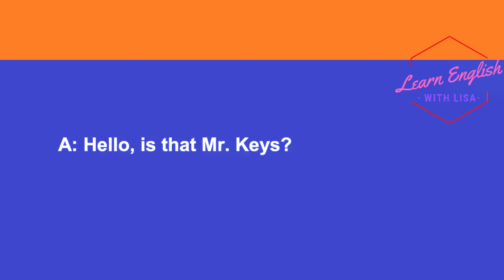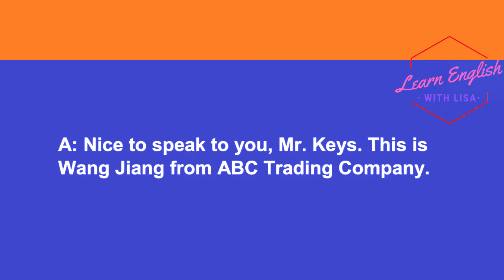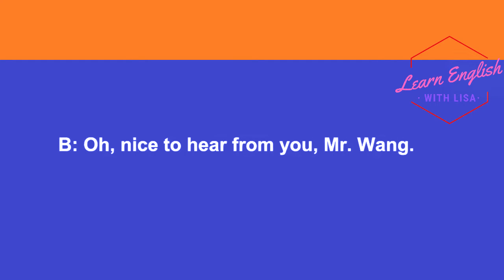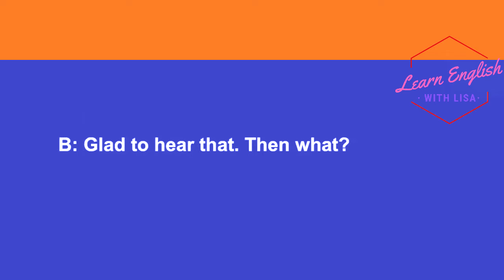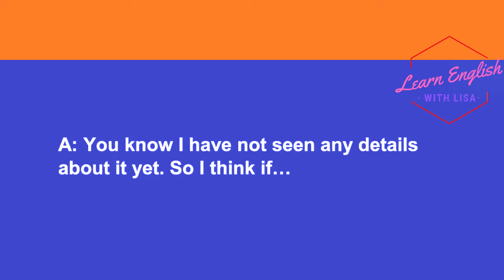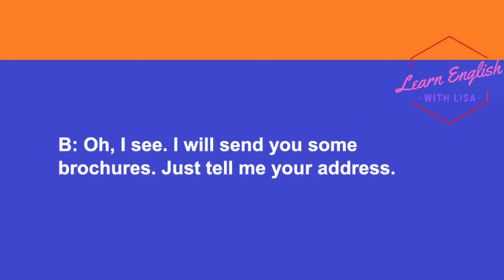Dialog 1. Hello, is that Mr. Keys? Yes, who is that? Nice to speak to you, Mr. Keys. This is Wang Jian from ABC Trading Company. Oh, nice to hear from you, Mr. Wang. Well, I called because I'm interested in a new product you have advertised in a trade journal, and it seems like a promising item. Glad to hear that. Then what? You know, I have not seen any details about it yet, so I think if... Oh, I see.